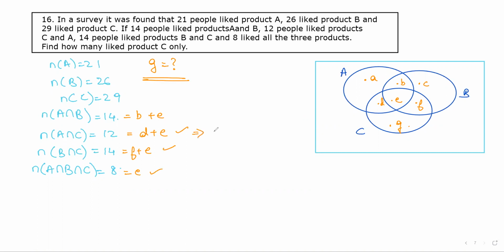So from this equation, you can say D plus E, where E is 8, is equal to 12, which implies D is equal to 4. And here, F plus E, F plus 8 is equal to 14, which implies F is equal to, remove 8 from 14, 6.